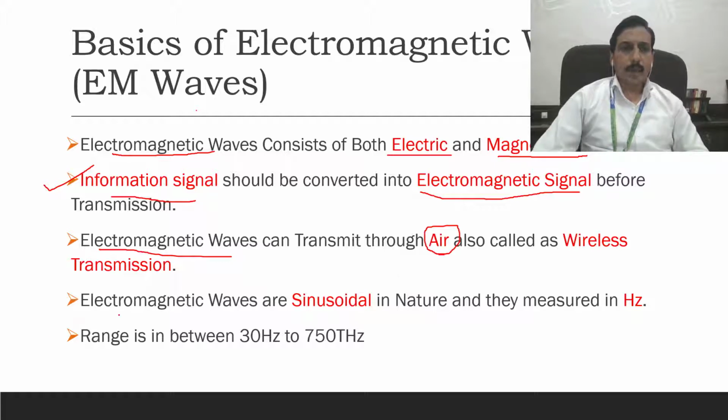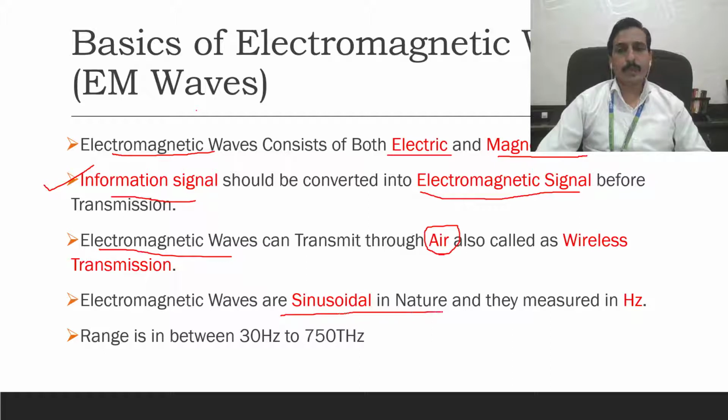Next, electromagnetic waves are sinusoidal in nature. This is quite important. Sinusoidal means it has an alternating nature, so a cosine waveform also comes under sinusoidal waveform, and a pure sine waveform also comes under sinusoidal waveform.